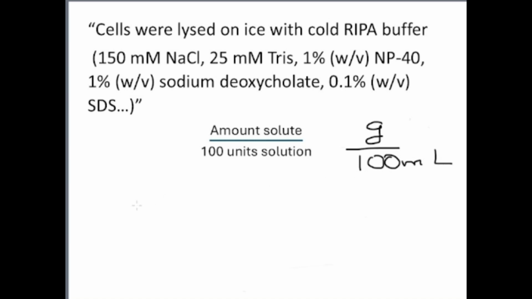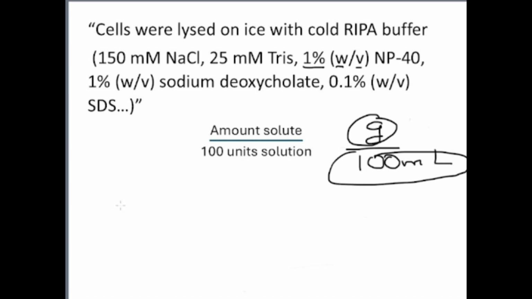So when we're talking about biological systems, we're usually talking about grams per 100 mils if we're using this percent nomenclature. And that's where this W/V comes from. It means weight, that would be the grams, per volume. That's the 100 mils. So W/V means we have grams in the numerator, 100 mils in the denominator.